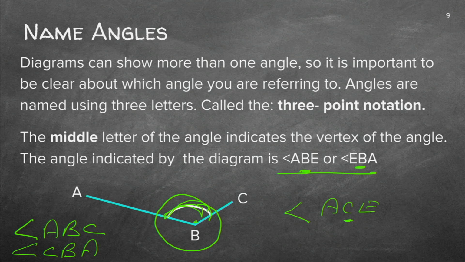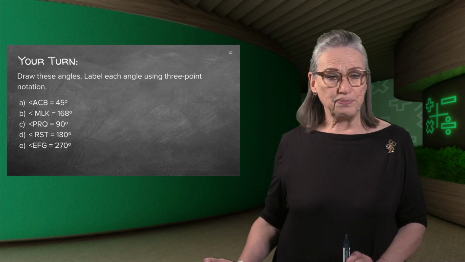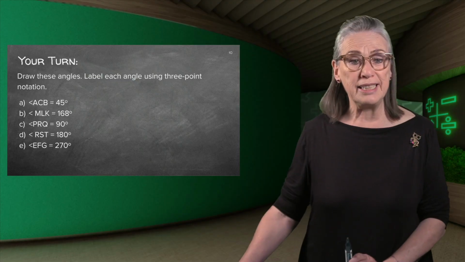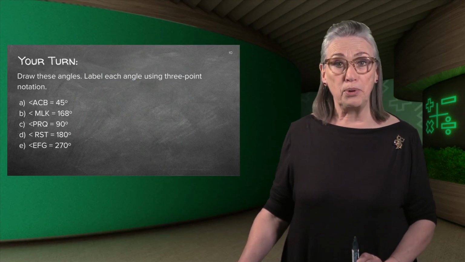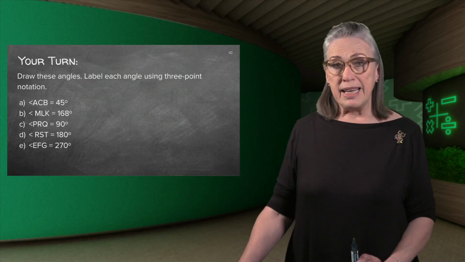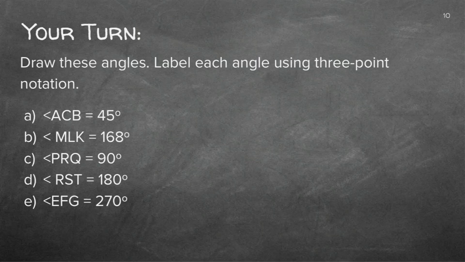Okay, so now it's your turn to construct some angles. So let's look at them. I've asked you to draw these angles and label each angle using the 3-point notation. So you are going to draw ACB, and if you see 45 degrees, you know it's an acute angle. So you know that if you've drawn this, your angle must be less than 90.